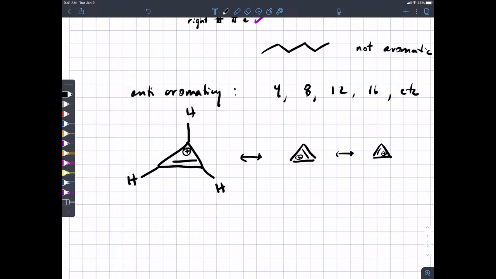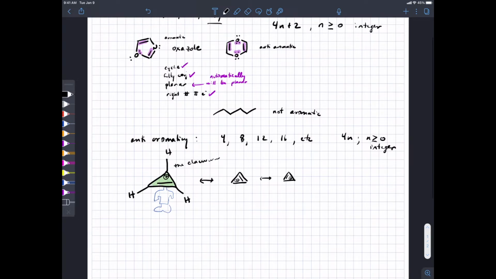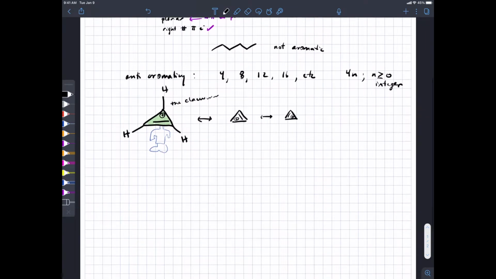So there are 3 atoms in a conjugated array, 3 p orbitals on this ring, and only 2 electrons in them. I don't know whether you guys think this looks like the little green men from Toy Story or something. Who's in charge here? The claw. It looks a little happier than the sad robot ring.